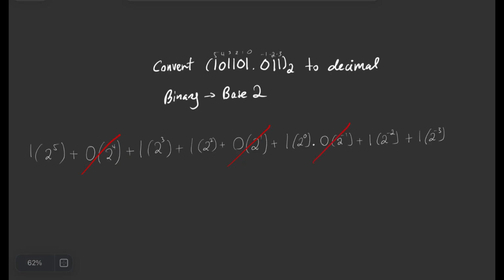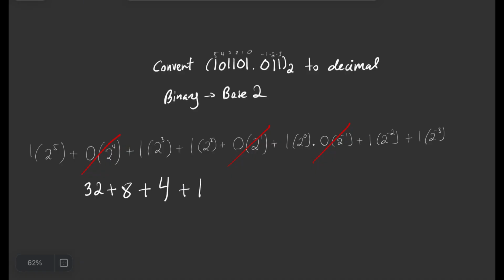And in terms of the actual values, okay, 2 to the 5 is 32, plus 2 to the 3 is 8, plus 2 to the 2 is 4, and then plus 1 times 2 to the 0, which is 1 times 1, which is 1.